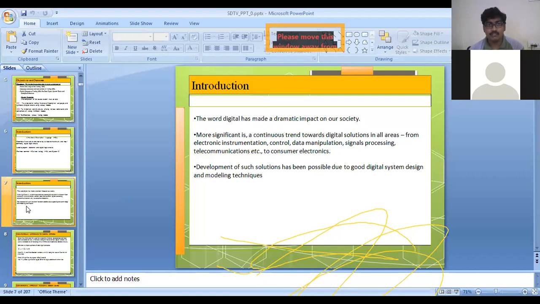The operation of heavy machinery is also being controlled by simple digital circuits. We also have different data manipulations and signal processing. Signal processing, that means you have seen signals and systems.